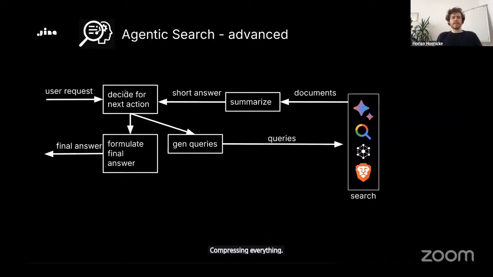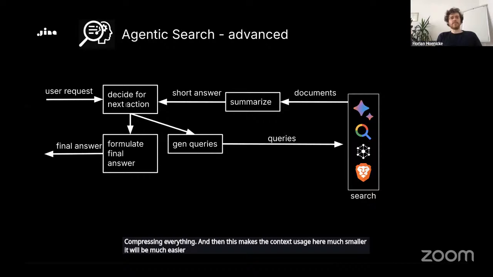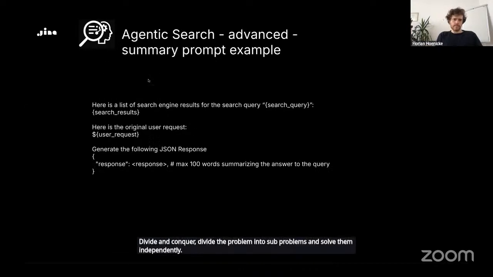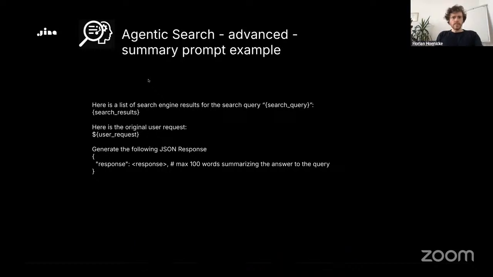And then this makes the context usage much smaller. It will be much easier to handle than this prompt. So whenever something is not working, you split it up, divide and conquer: divide the problem into sub-problems and solve them independently. Yeah, and this is just a summarization prompt. So probably nothing special here to mention.